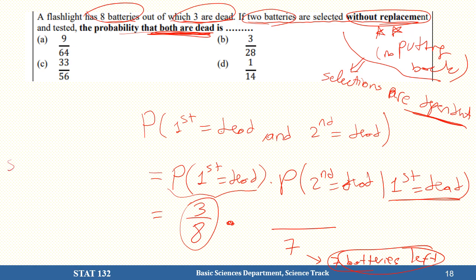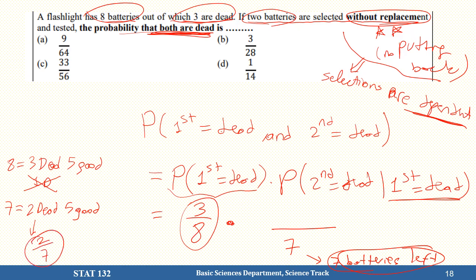It was 3 dead and 5 good in 8. Now one dead is gone, and you have 7, but this time 2 dead and 5 good. So the probability that you choose one dead here is 2 over 7. So you write here 2 over 7. This is equal to 6 over, okay, let's do some simplification, it will be 3 over 28. It will be B then.